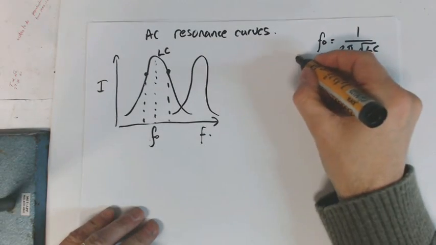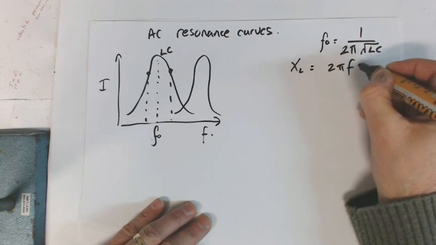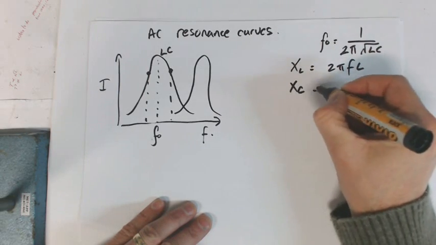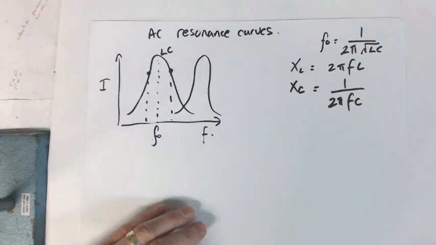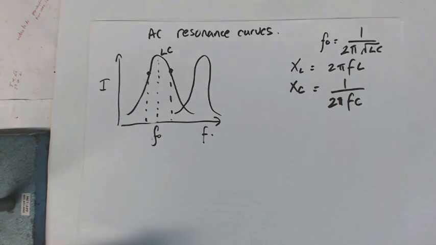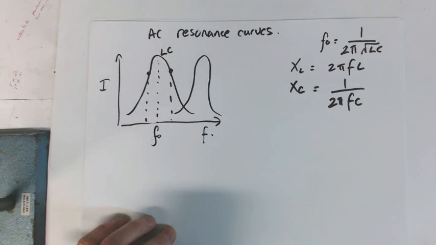So we go back to our reactance for our inductor and our reactance for our capacitor, and we ask ourselves what's happening with these circuits. We can see that at this point here we've got a low frequency and yet we've got a high current.